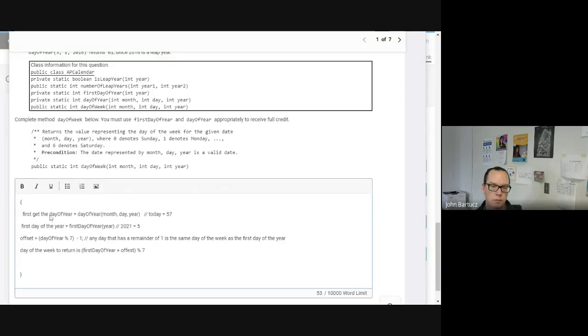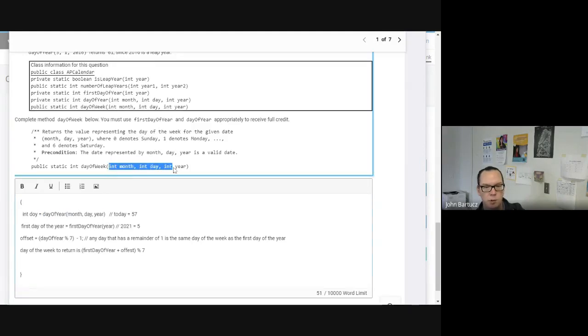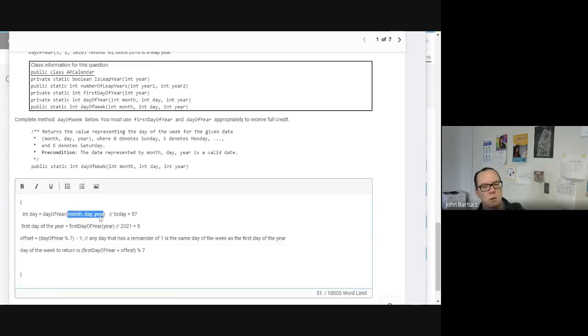So let's convert this into actual code. I know this is going to be an integer day of the year, and I can call it DOY, day of the year, equals the day of the year for the month in. And these variables right here, I just got from up here. It's whatever they sent to me, I'm passing it into the day of the year.